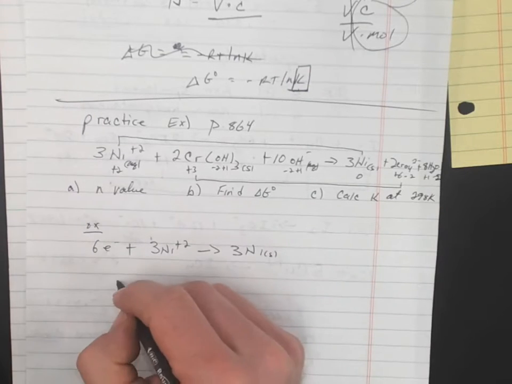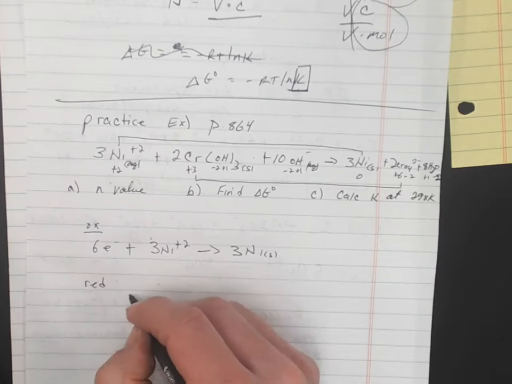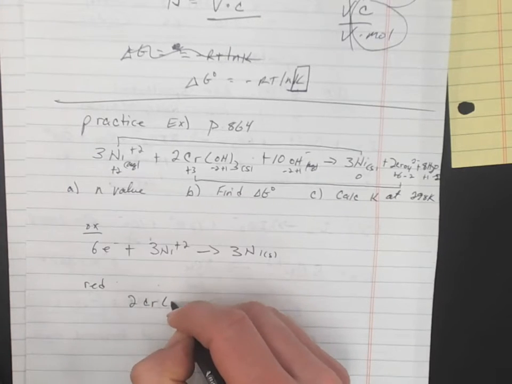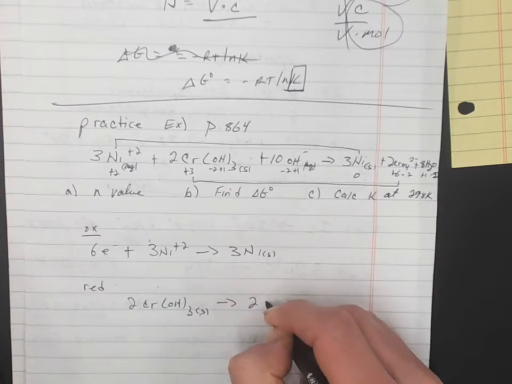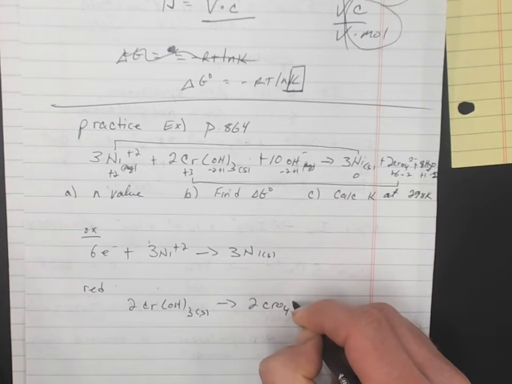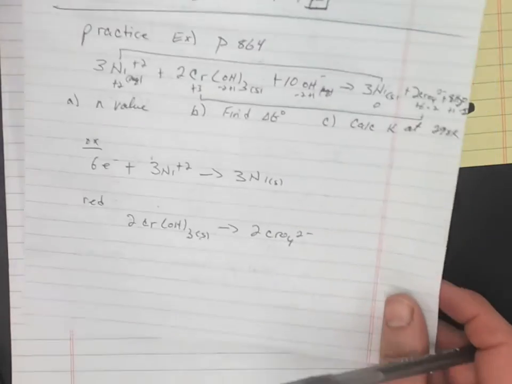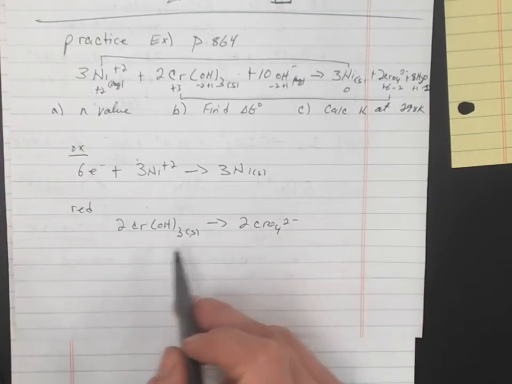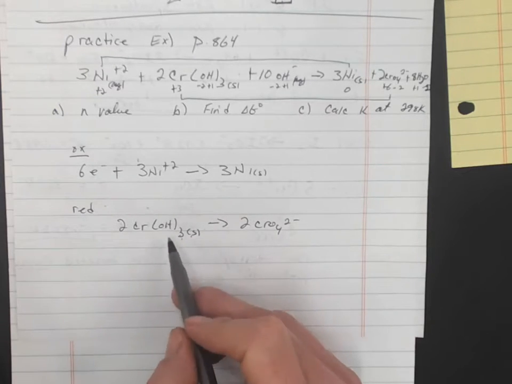Then for our oxidation, we've got 2 Cr(OH)₃ solid yielding 2 CrO₄²⁻. Chromiums look balanced, but oxygens do not. Hydrogens do not.